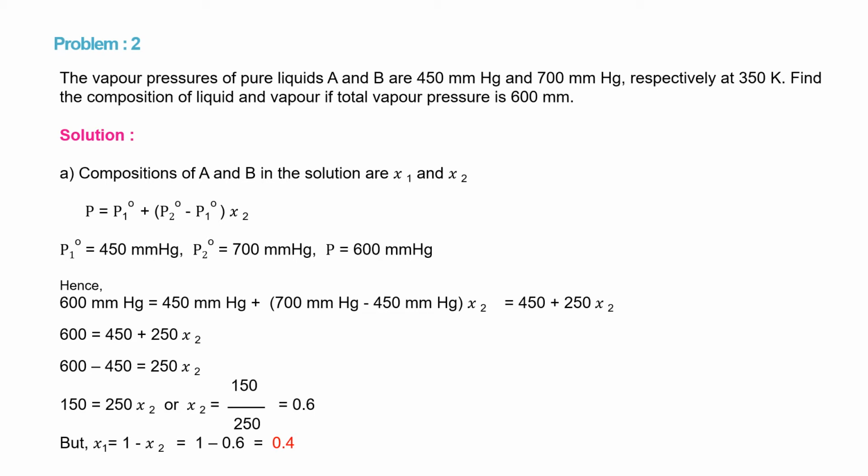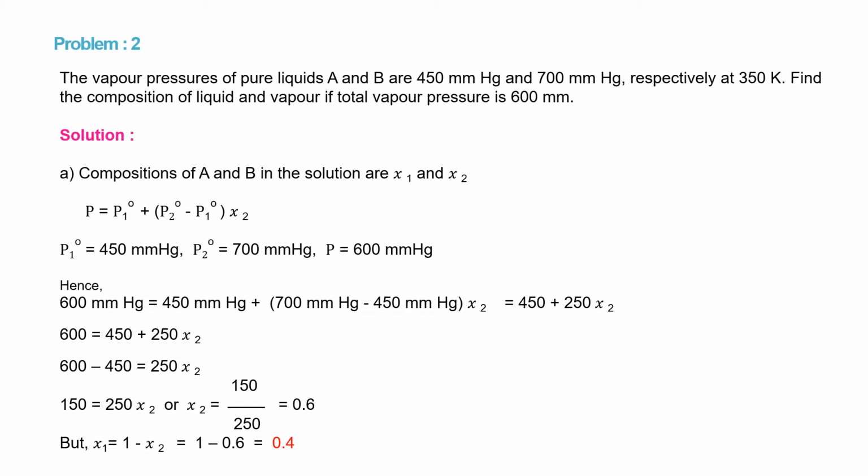Now we have to put all these values in the above equation. So 600 mm mercury is equal to 450 mm mercury plus 700 minus 450 into X2.